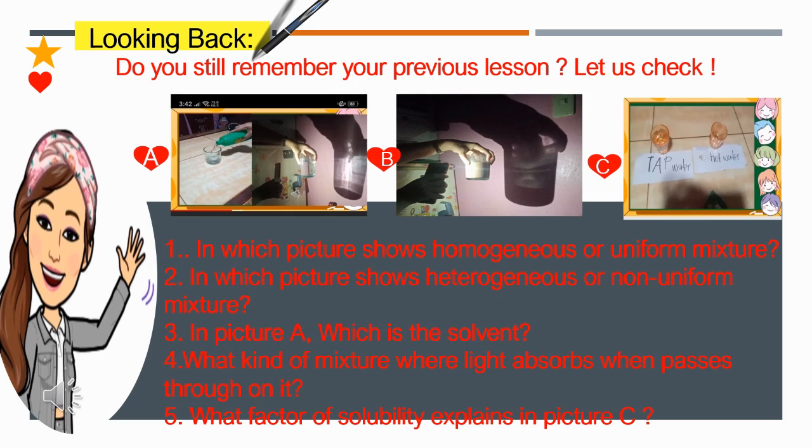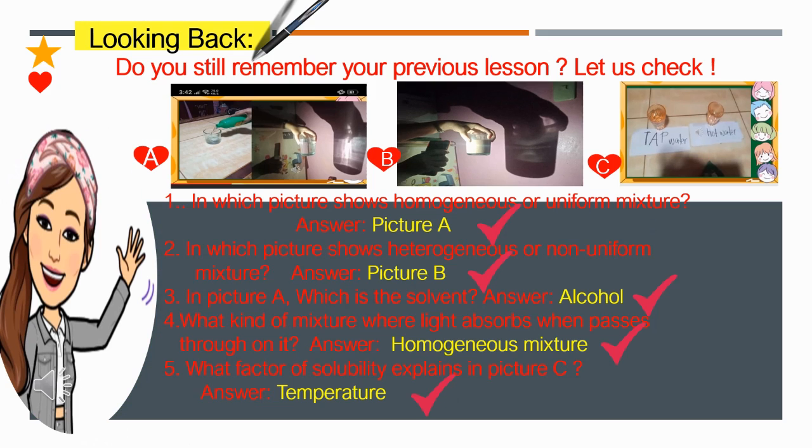Okay, take your time to answer the questions. Okay, again, let us check your answer. Question number 1. Which picture shows a homogeneous or uniform mixture? Check. Picture A. Very good. Question number 2. Which picture shows a heterogeneous or non-uniform mixture? Correct.